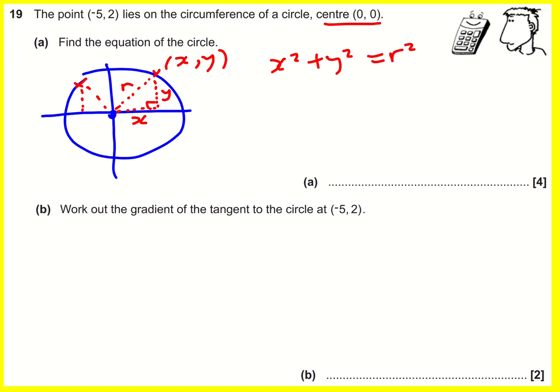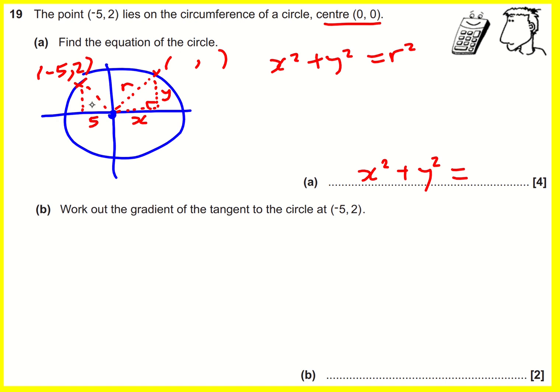So the question is, I suppose, what's r? Because all the rest is sorted. I've got x squared plus y squared. I just need to write down what r squared is. Well, then let me replace x, y by minus 5, 2, although actually it should be over here, so I'll do it over here. Minus 5, 2. That means I've got a triangle that has a base of 5.